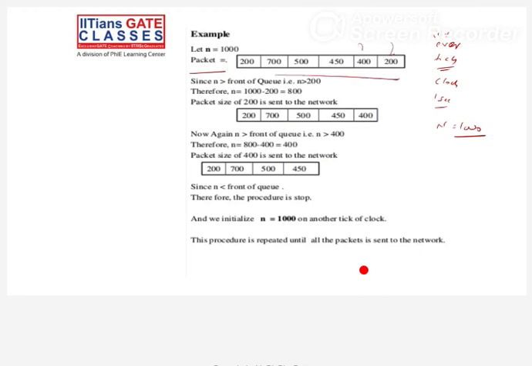Steady form means, see, this is your graph. Your data is coming steady, at a rate like 2 Mbps, 3 Mbps. But bursty is here. Sometimes it is coming 6 Mbps, sometimes 3 Mbps, sometimes 2 Mbps, sometimes 10 Mbps.